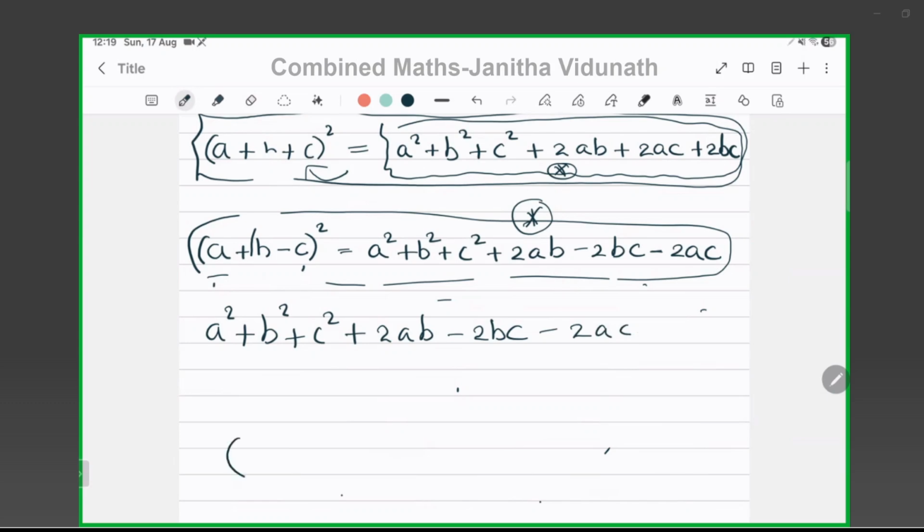Now you want to find the three terms whose square will give this expression.